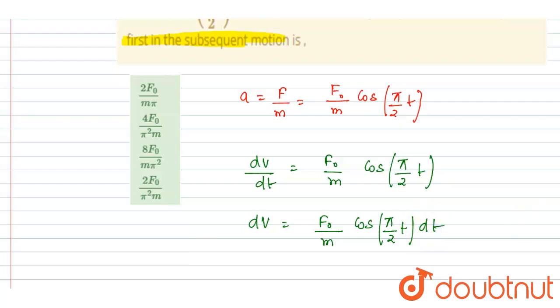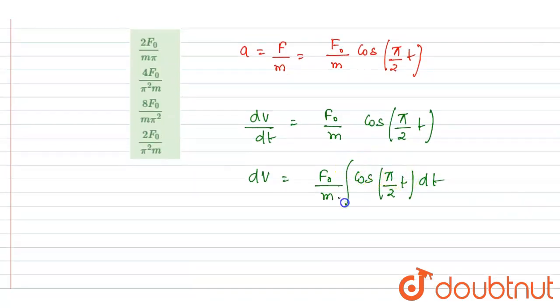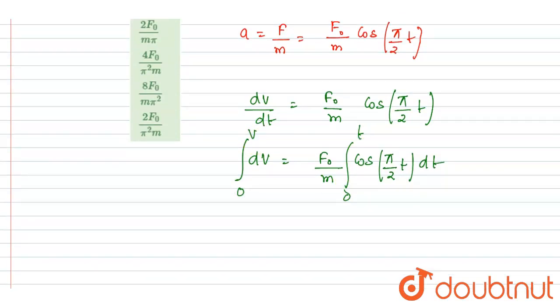Now if I integrate both sides, at t equals 0 the velocity is 0, and at t equals t, the velocity is v. So from here I can write v is equal to F naught by m.